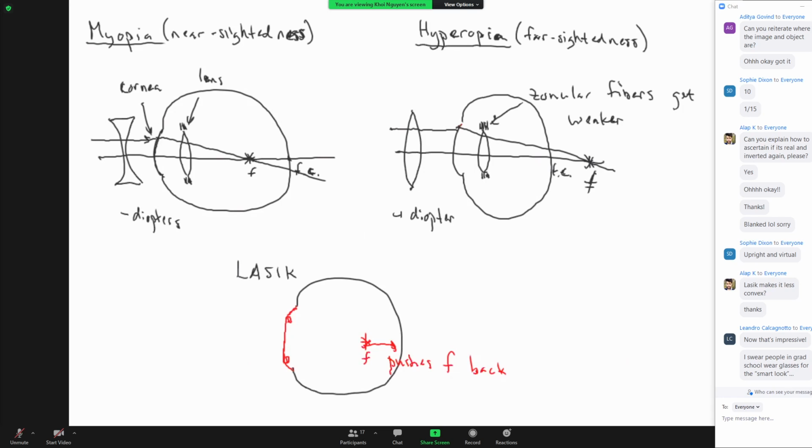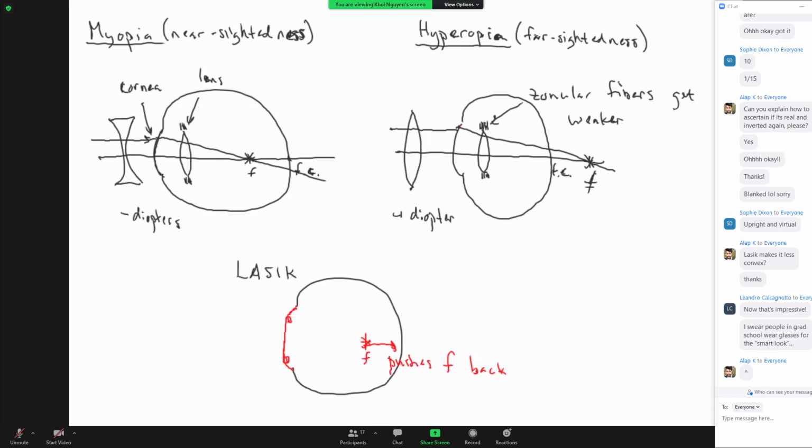People wear glasses for the smart look. I mean, you think about it. It's chic to be nerdy now, right? You see Dwayne Wade wearing glasses without lenses in them, right, to have the shape.